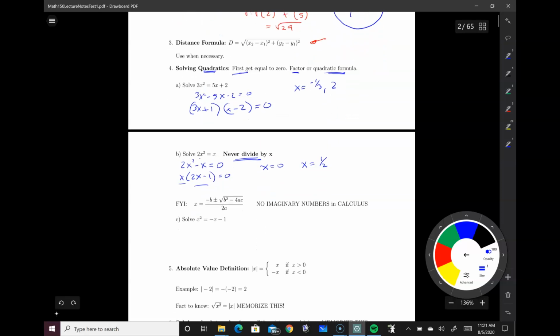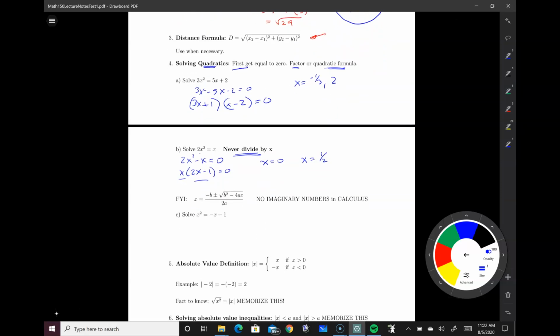All right, so here is our quadratic formula in case you forgot it. So here I'm going to get this equal to 0. This does not factor. So if I put it in my quadratic formula, I get negative b plus or minus the square root of b squared minus 4ac all over 2a. So in here, I have an imaginary number, right?